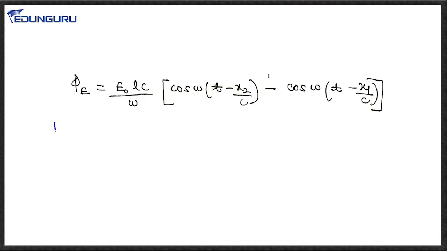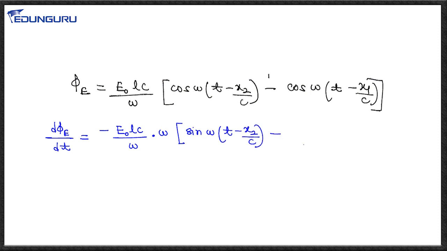This is phi E. Now let us differentiate it to find the rate of change of electric flux. So d phi E by dt is equal to minus E naught L C by omega into omega, into sine omega (T minus x2 by C) minus sine omega (T minus x1 by C), right?